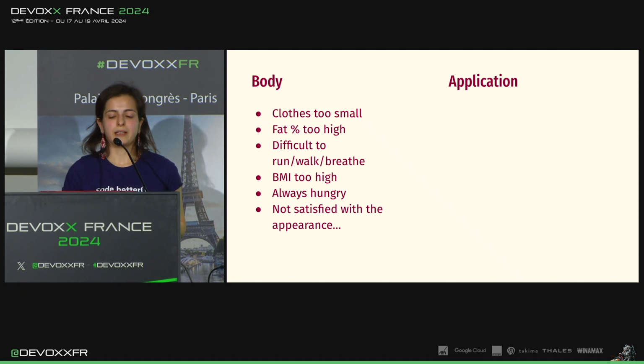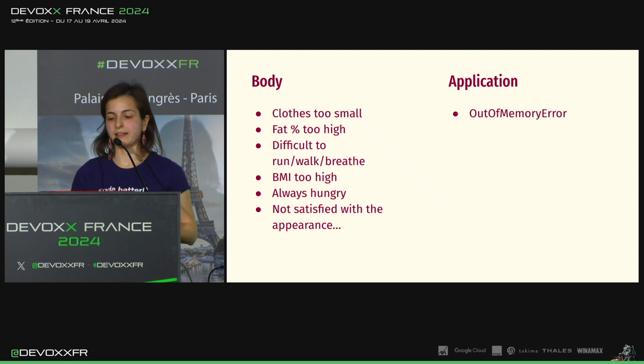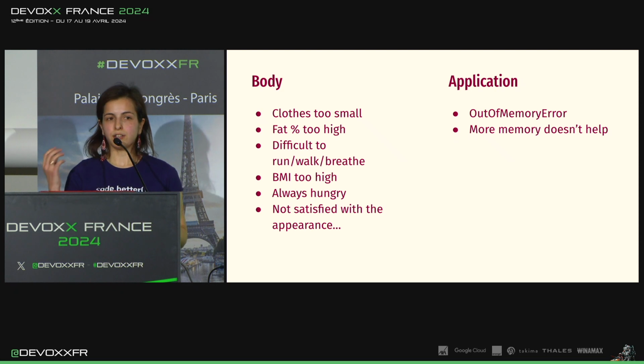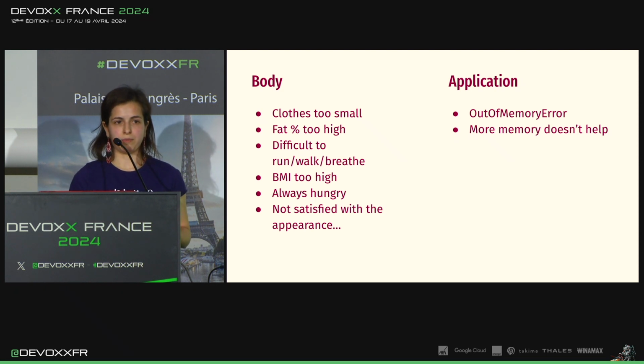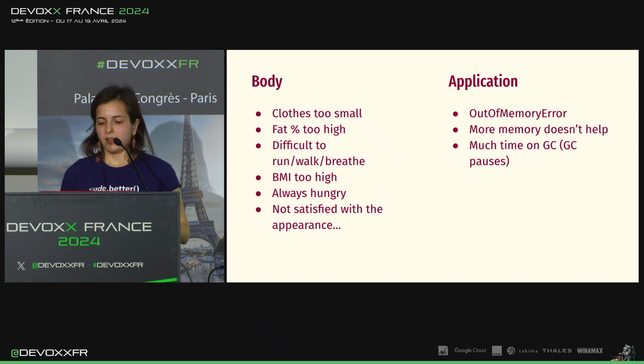And the same for your application. An out-of-memory error doesn't mean that it has a memory leak, but it can be one of the symptoms that you can pay attention to. You give more memory after you have an out-of-memory error, but it doesn't help. The more memory you give, everything is eaten by your application. It could also signal you about the problem.